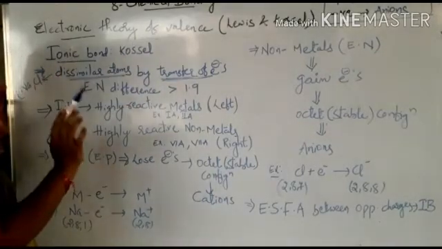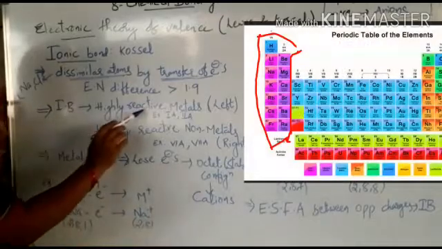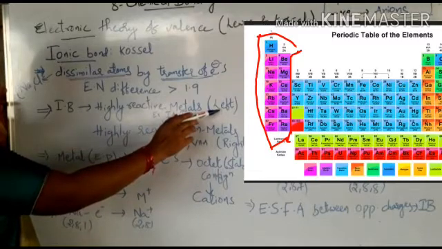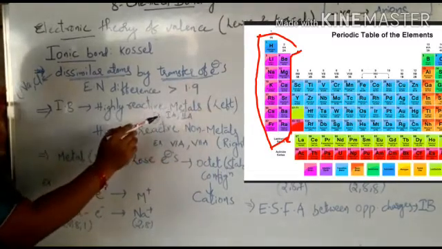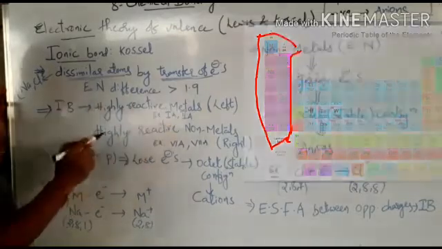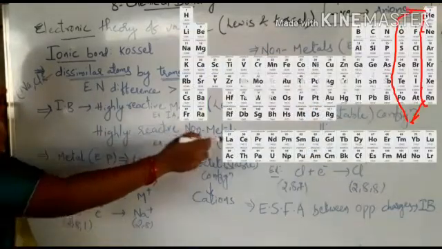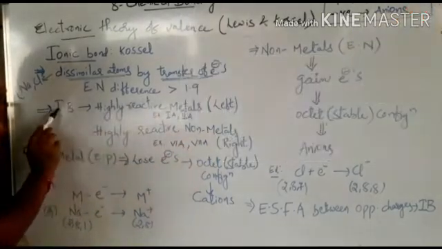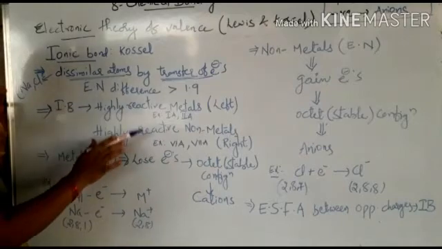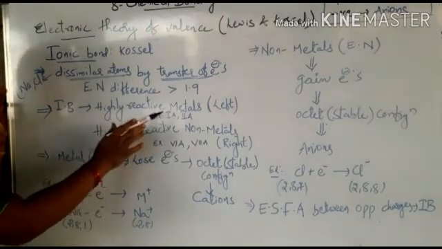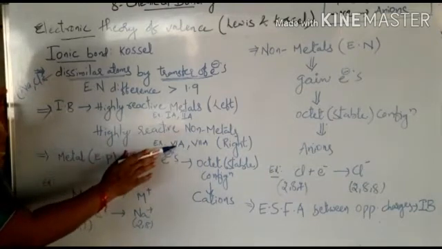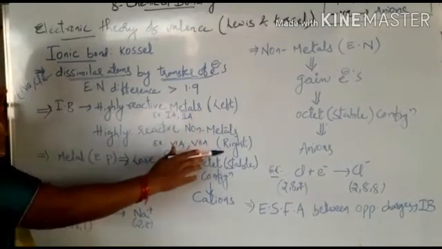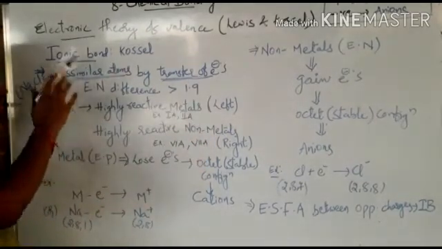The ionic bond is always formed between highly reactive metals which are on the left side of the periodic table, for example 1A and 2A, and highly reactive non-metals which are on the right side of the periodic table, for example 6A and 7A. So leftmost elements and rightmost elements participate to give an ionic bond.